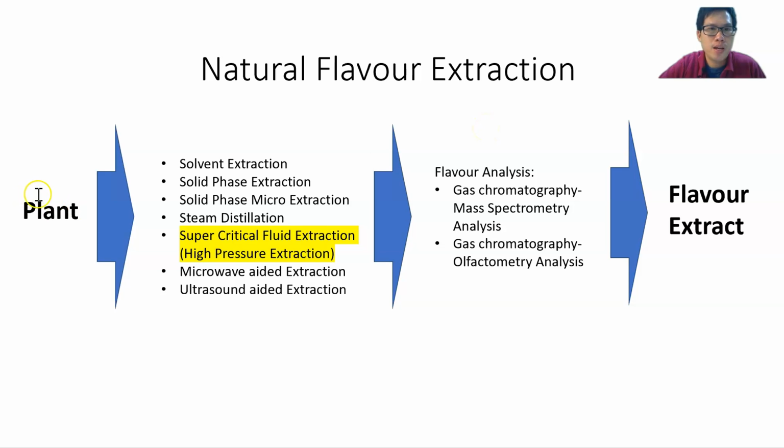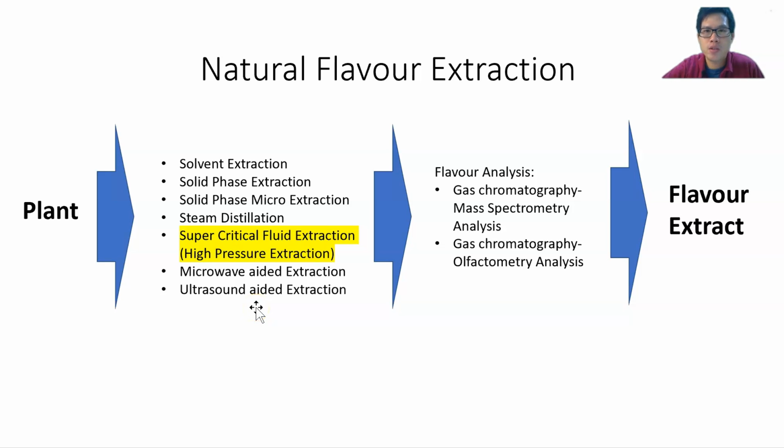From plants, you can use different extraction methods, for example solvent extractions, which I will mention a bit later on, solid phase extractions, solid phase micro extractions, steam distillations, supercritical fluid extractions, microwave aided extraction, and ultrasound aided extractions. So you can use different types of extraction methods.